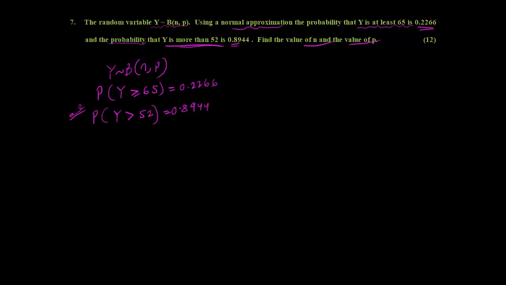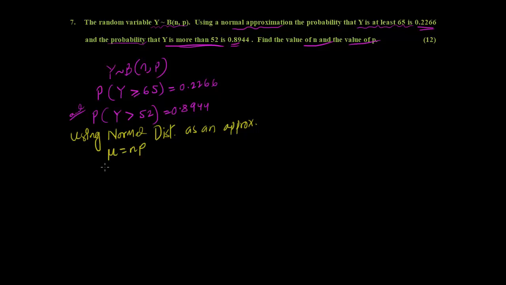Now the question is, what do we do over here? We don't know what n is. We don't know what p is. We just know that we have to use normal approximation. So let's follow what they tell us to do. So using the normal distribution as an approximation, we know we use the value of mu, or expected value, as np.